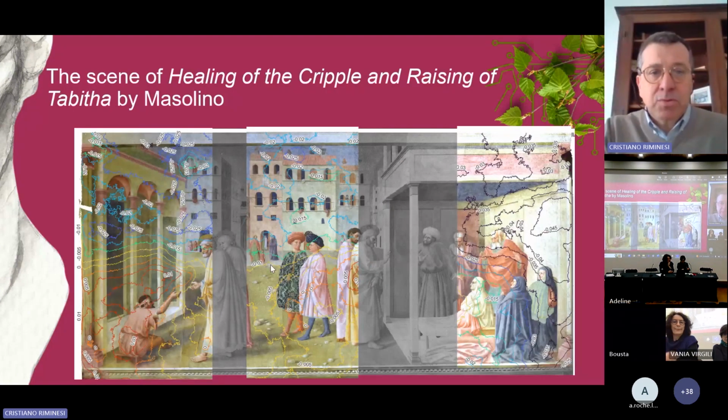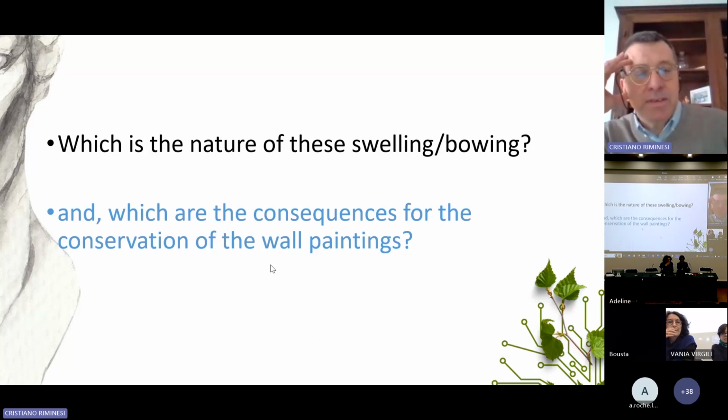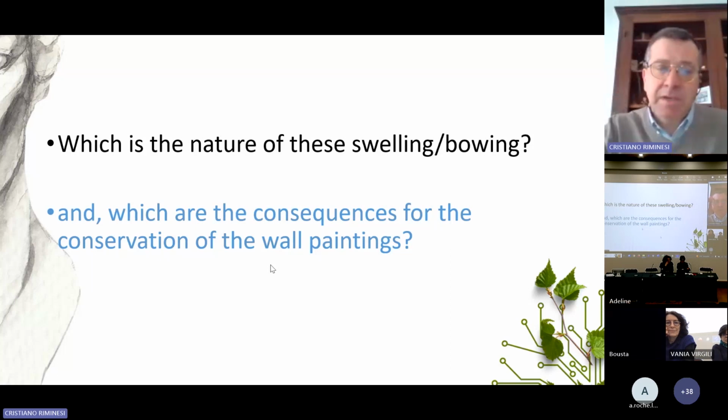Overlapping these contour lines on the scene, we can better underline and localize the other measurements and investigations. The principal question is to understand the nature of this swelling and bowing, and what the consequence is for the conservation of the wall paintings.